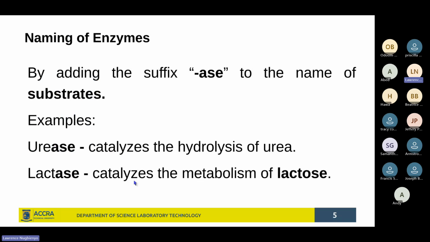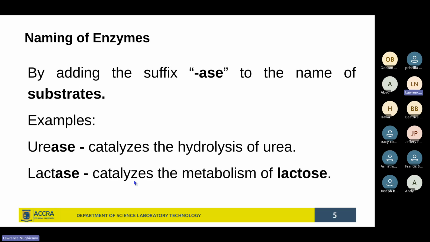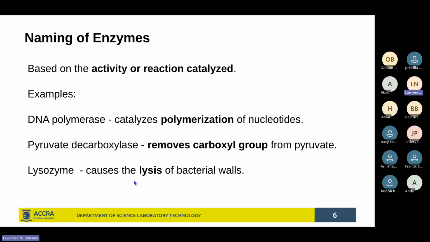And also, if it is lactose, we had that example as lactase to be the name of the enzyme. We also looked at the fact that enzymes can also be named after the reactions that they catalyze.